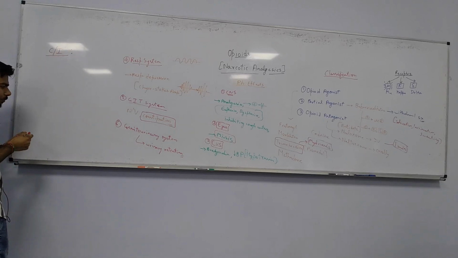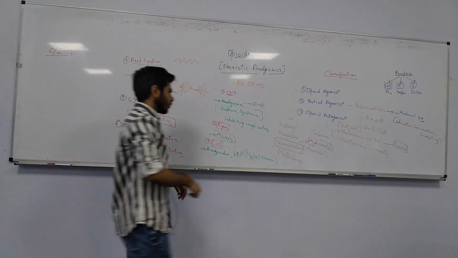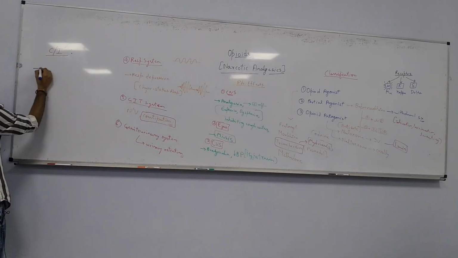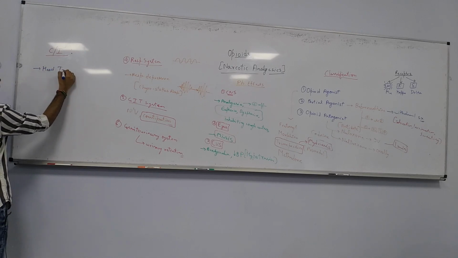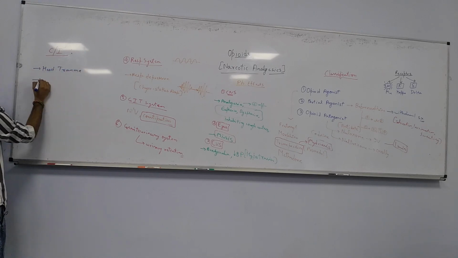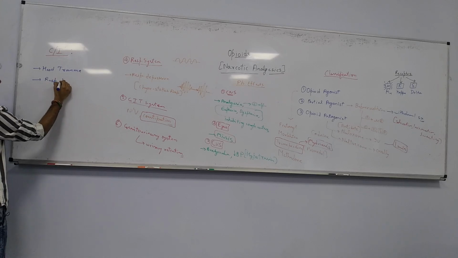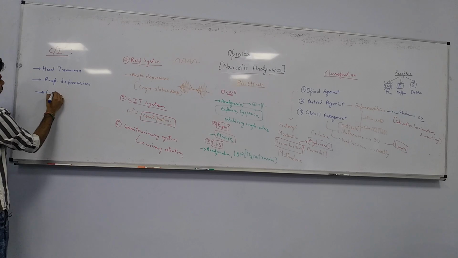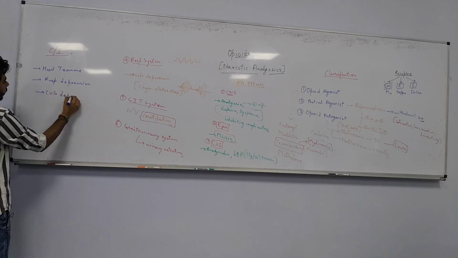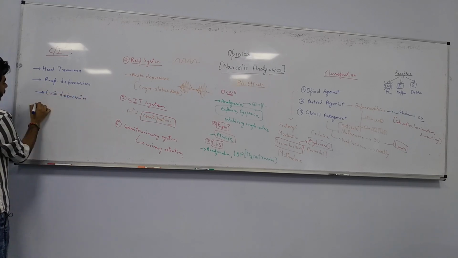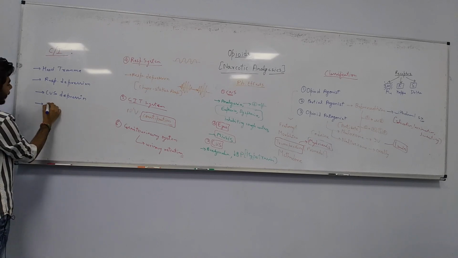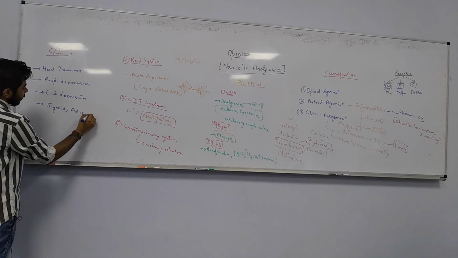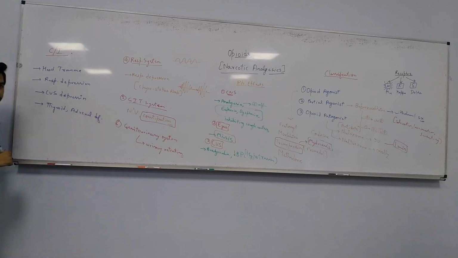Contraindications for the opioids. Head trauma patients should avoid opioids. The patients who have respiratory depression, the patients who have serious depression, the patients who have a deficiency of thyroid or adrenal gland, right?